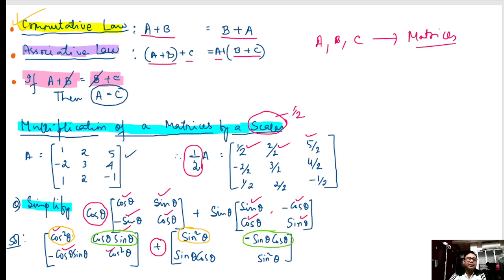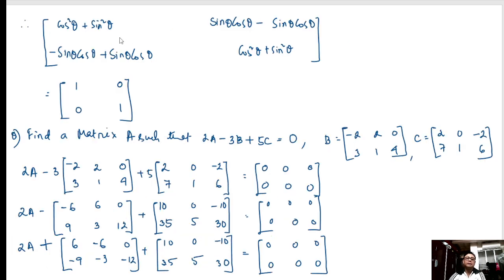Then we will be adding minus cos theta sin theta with sin theta cos theta. Same positions we will keep adding, and then we will add cos square theta with sin square theta. So let us see how it looks. So it looks like this.